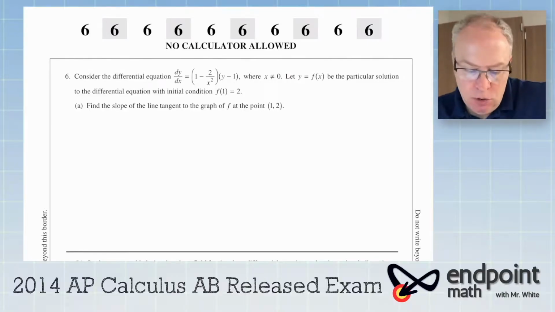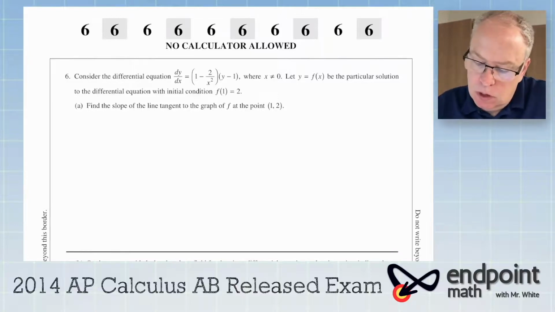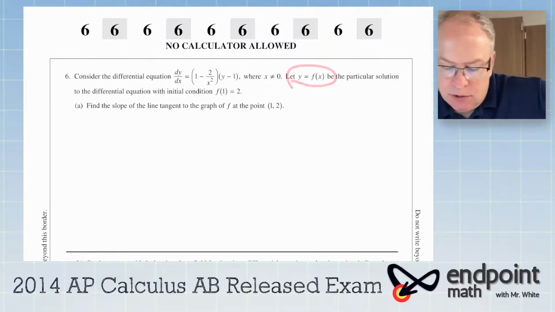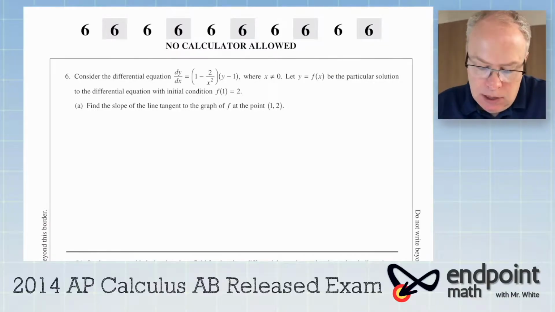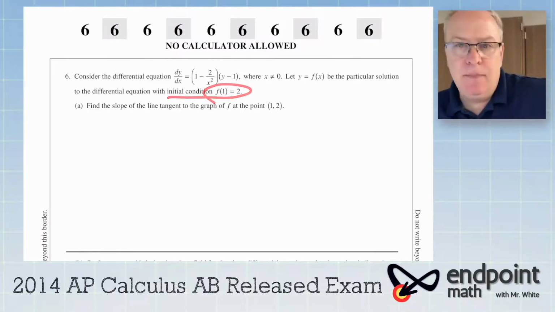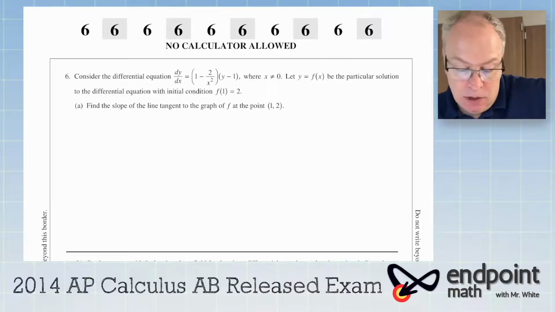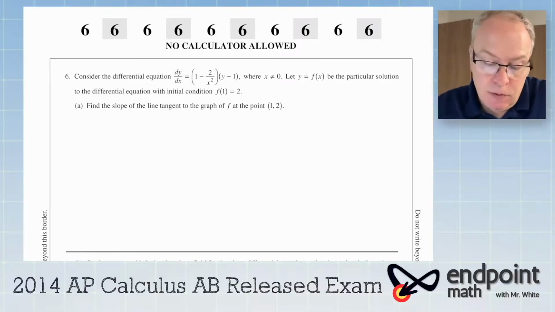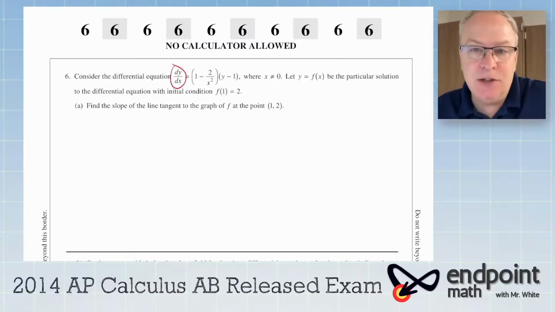Consider the differential equation that's given. And then, of course, f of x, y equals f of x would be the particular solution to the differential equation with the initial condition 1 comma 2. That point will allow us to solve for c when we're solving the differential equation. Find the slope of the line tangent. Well, remember, this does mean slope right here.